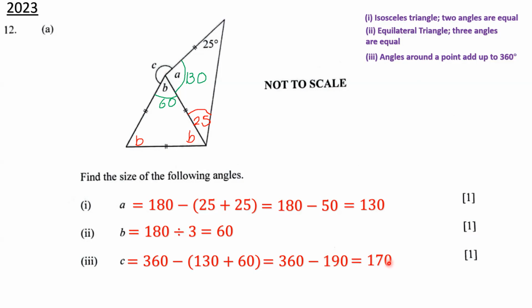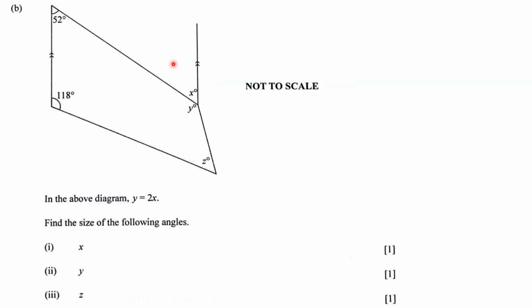So that means that C is going to be equal to 170 if we want these three to add up to 360. So C is 170, A is 130, and B is 60, and add them all together, and you will get 360 degrees.